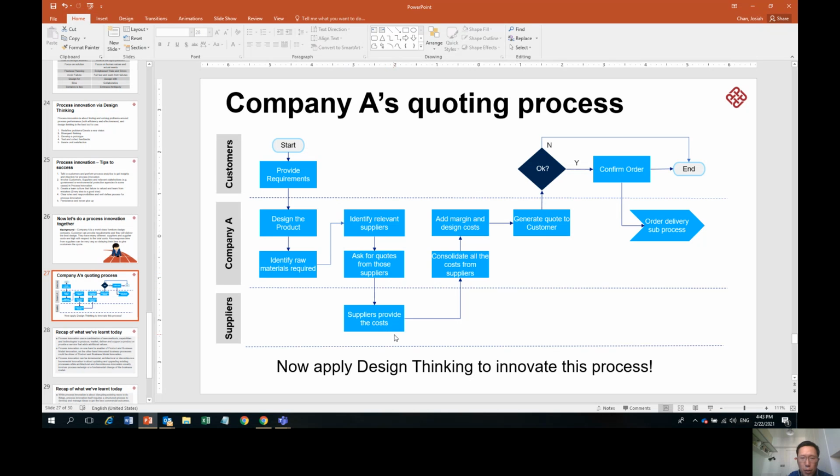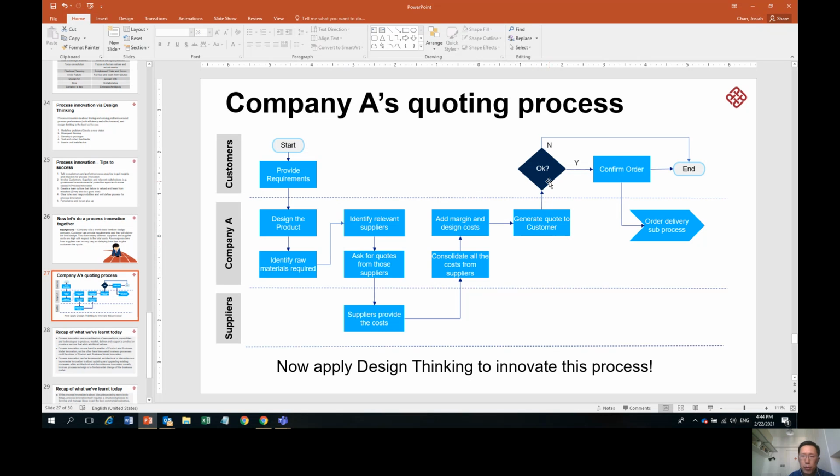Then the suppliers will provide the cost and how much they need for those materials, and company A will consolidate all the inputs from different suppliers, so they have a view of the total cost required to build the product. Based on that, they will add the margins and the design costs on top, and from then they can generate a quote for the customer.